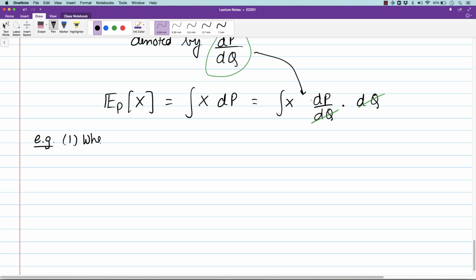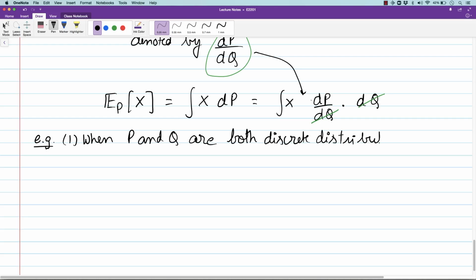All right, some examples. When P and Q are both discrete distributions, P is absolutely continuous with respect to Q if and only if the support of P is contained in the support of Q. This is an exercise, you can do it yourself.